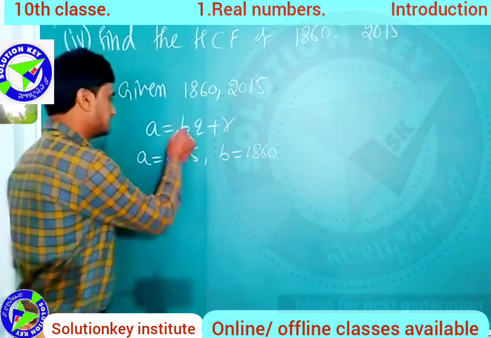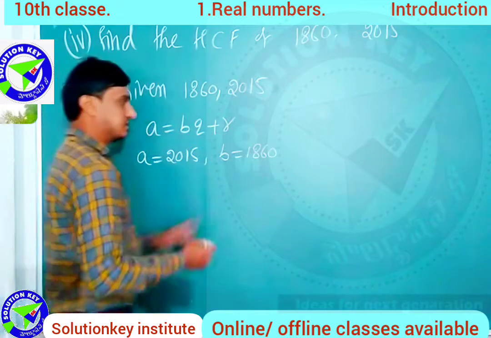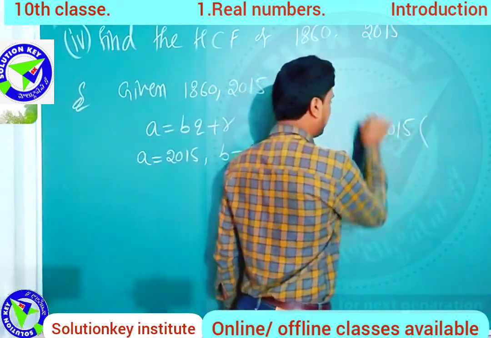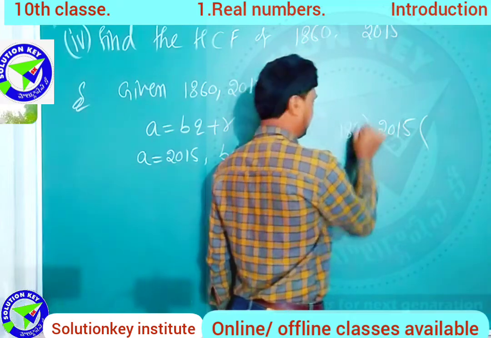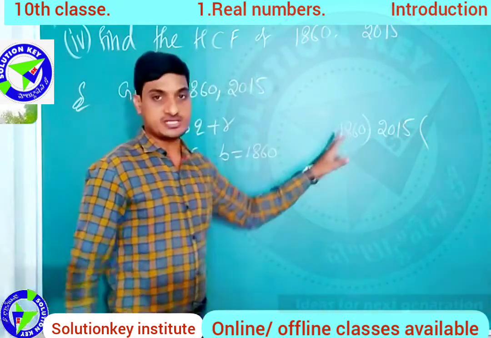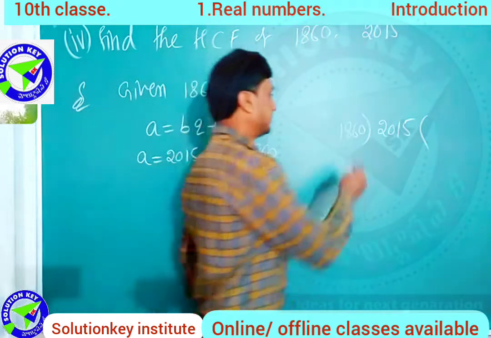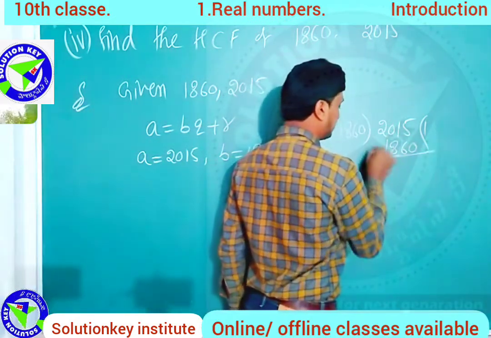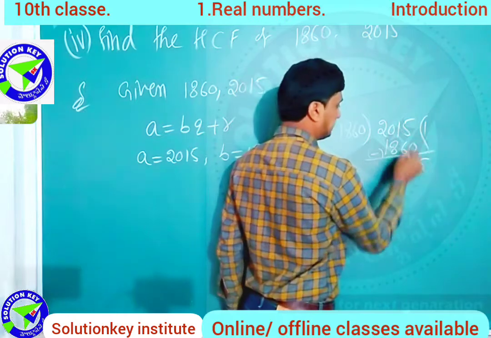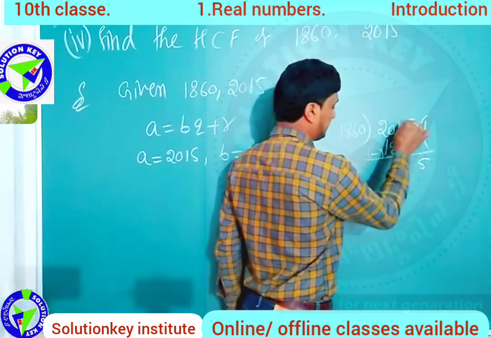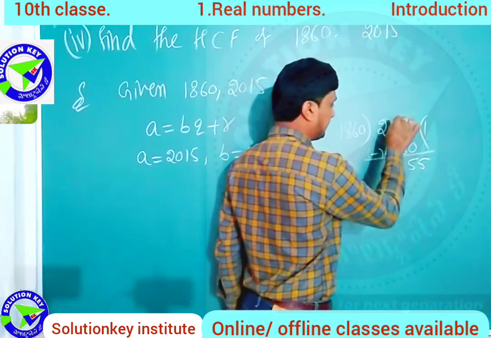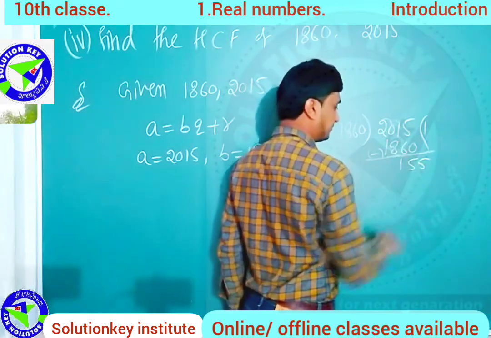Then substitute in this. Before that, I am doing some rough work. 2015 is divided by 1860; we divide the bigger number by the smaller number. Then do the subtraction. 11 minus 6 means again 5. 9 minus 8 is 1.